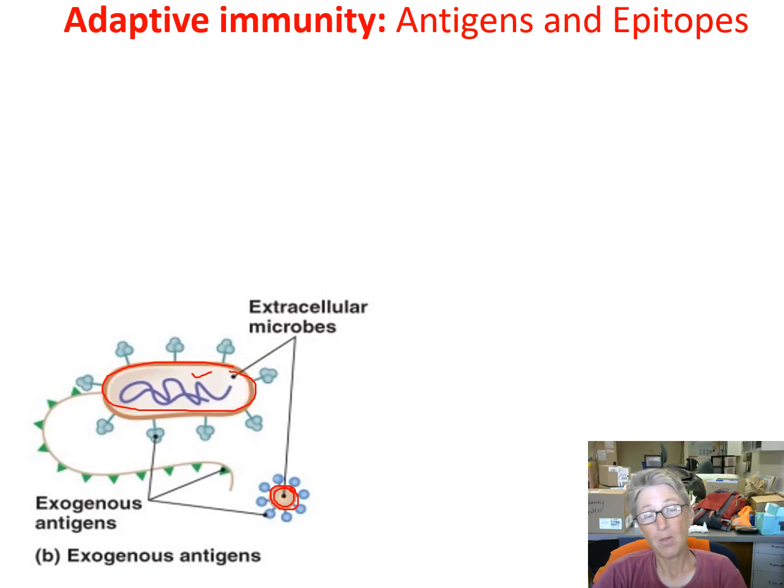But anyway, they're extracellular microbes, and sticking out of their cell wall or their plasma membrane are antigens, but they are specifically called exogenous antigens. Oh, and also this bacteria looks like it has, this could be a flagella probably, and then it's got these specific epitopes on it. So these are all exogenous antigens.